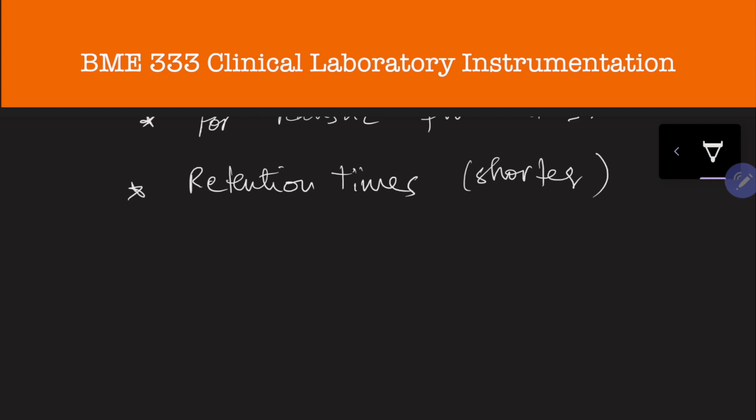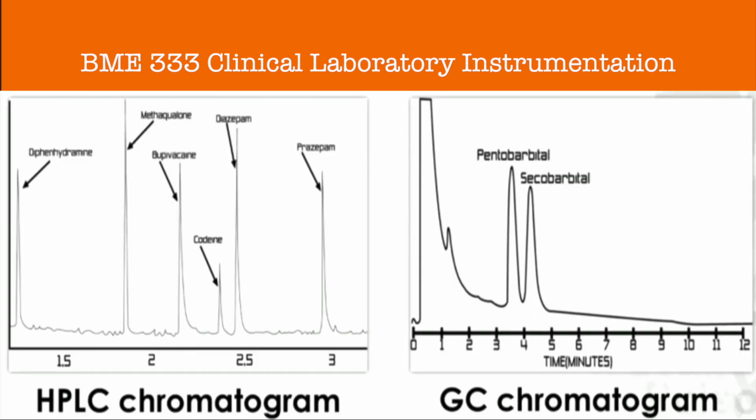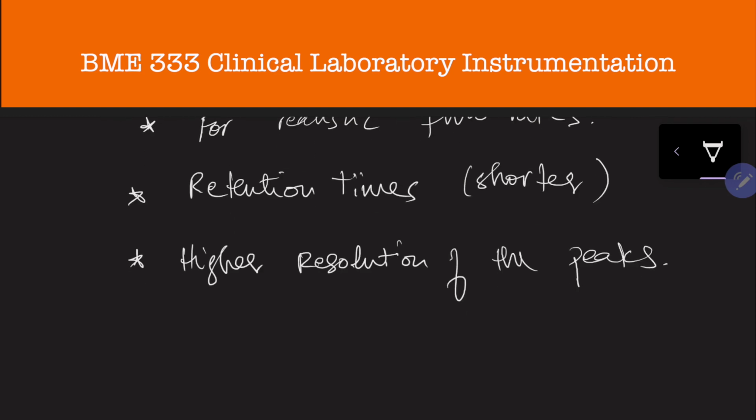To summarize that up, gas chromatography is relatively simpler than high performance liquid chromatography, and that is what makes it less expensive, and it's mostly faster as well. But HPLC, on the other hand, is more suitable for samples that are thermally unstable.